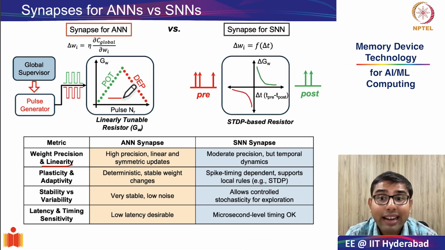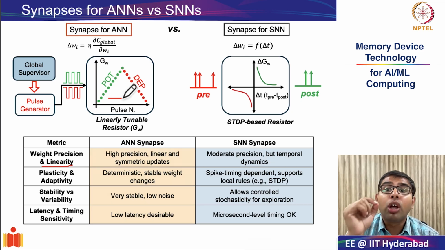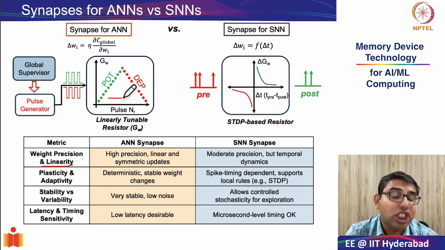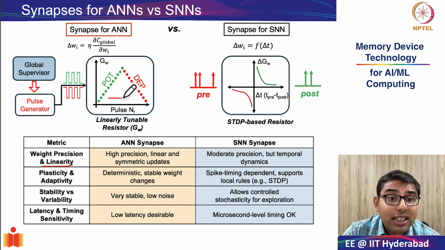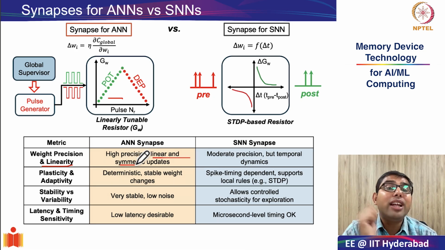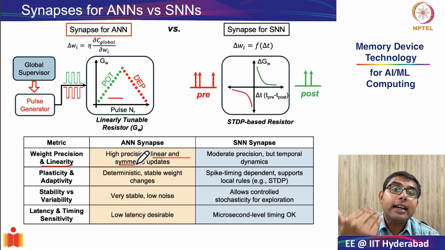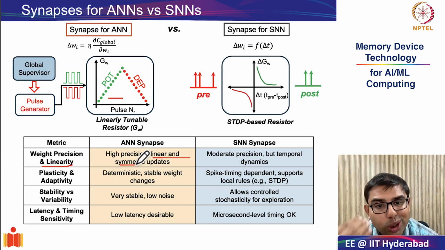This is because gradient descent relies on accurate numerical adjustments. It has been shown in several studies that this linearity and symmetricity in weight updates really affects the performance of the overall network to classify problems. If the linearity becomes a little bad, the classification accuracy also suffers.